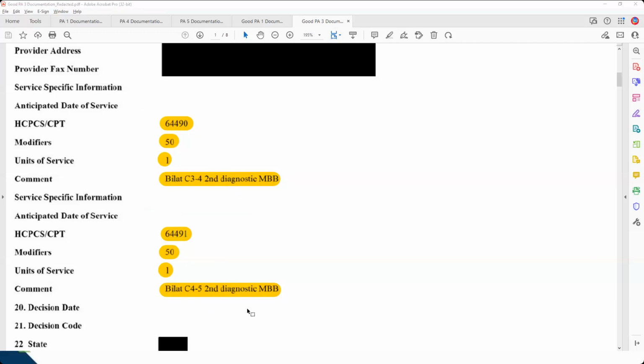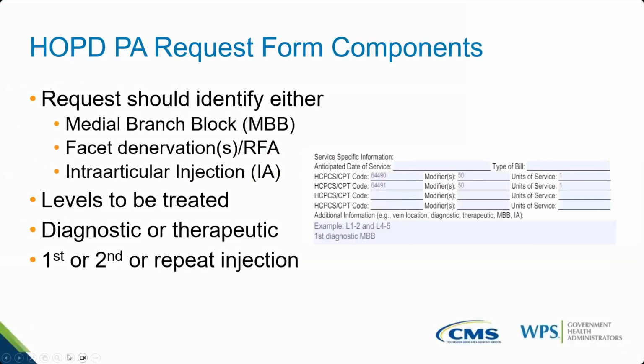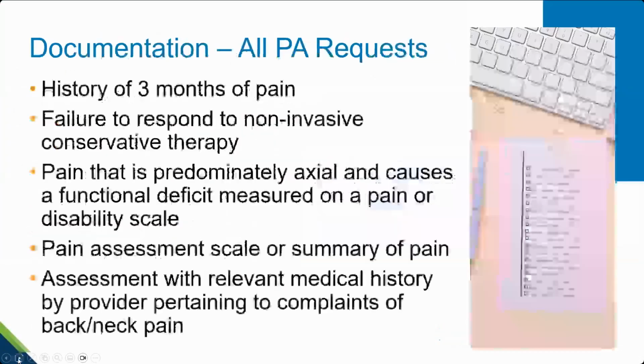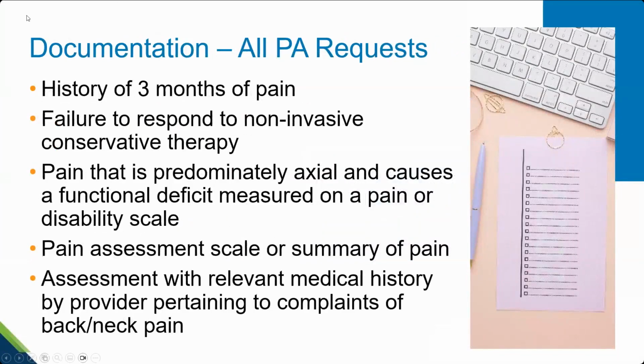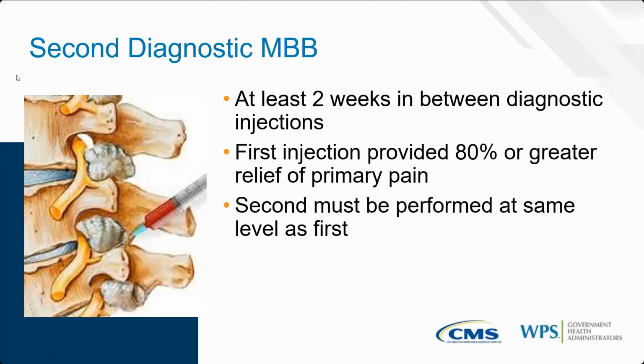So if I go back to the slide deck, this is all the information that's needed for your first and all other requests. But here's the additional information that we need for the second diagnostic MBB.